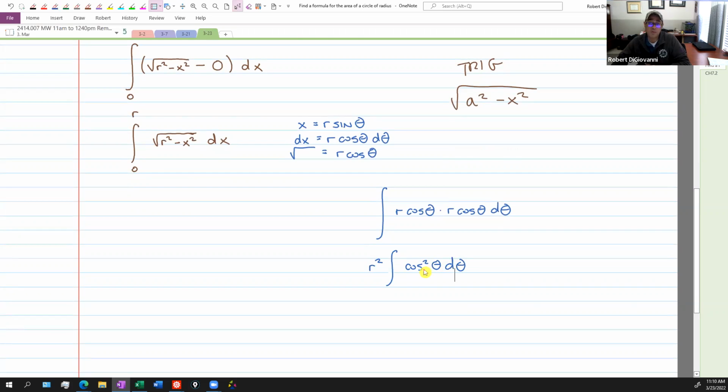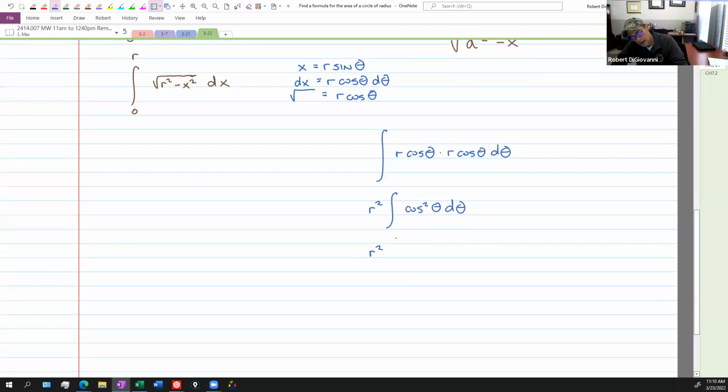And when I see cosine squared, I automatically think I'm going to use the power reducing formula or the half angle identity. I'm going to rewrite that as 1/2 times 1 plus cosine 2 theta. We did that a lot in the past, so that should be no surprise to you. I'm going to pull the half out: half r squared times the integral of 1 plus cosine 2 theta d theta.